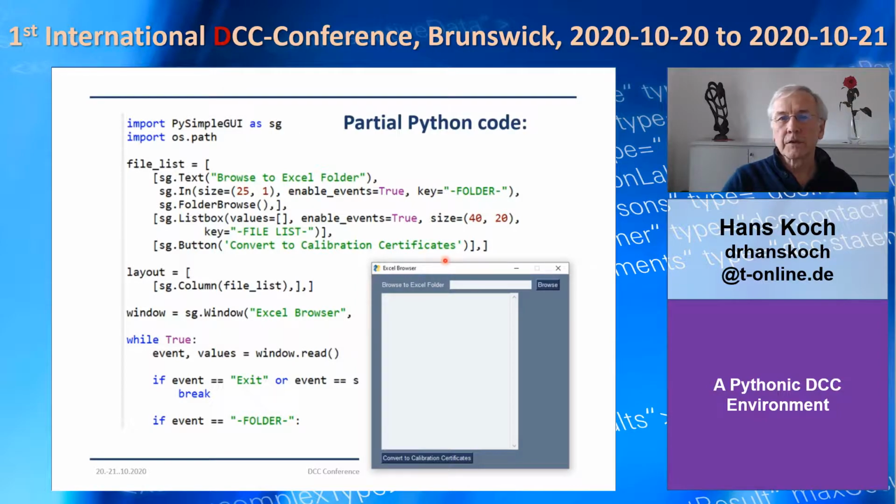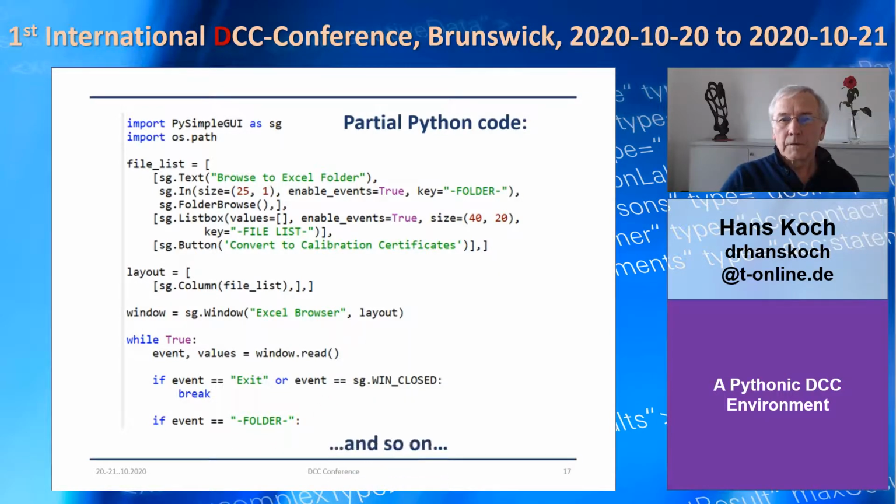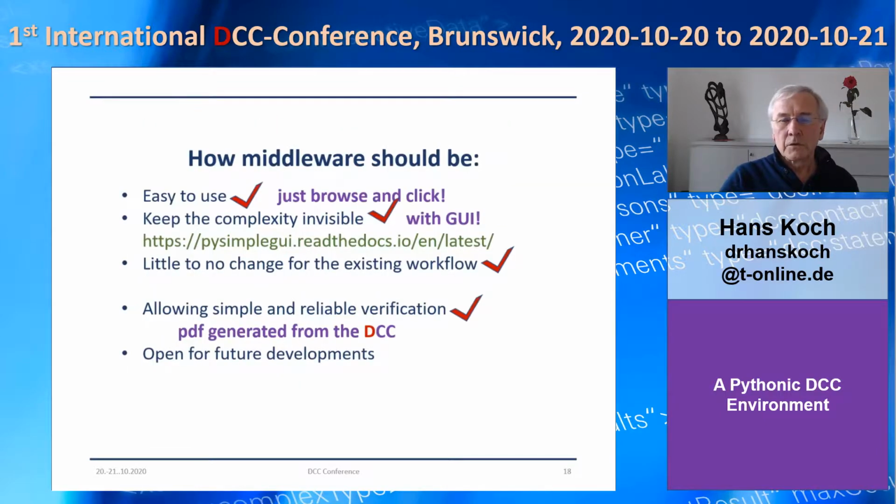Excel browser is the title. And then one is waiting for events. For instance, if you click this exit, then the whole job will stop, or you look for the folder, and so on. So this is also quite simple and I think also self-explaining.